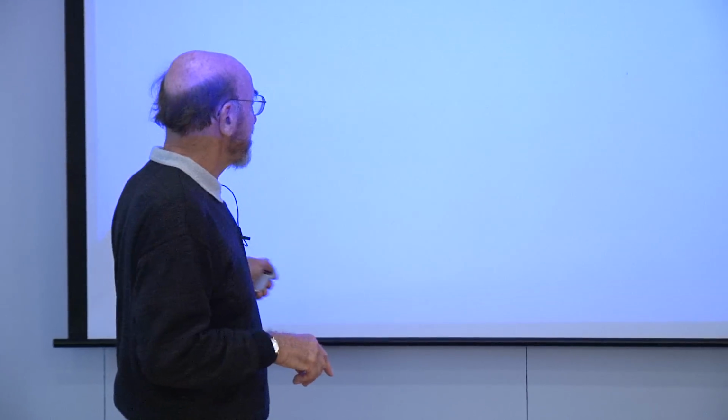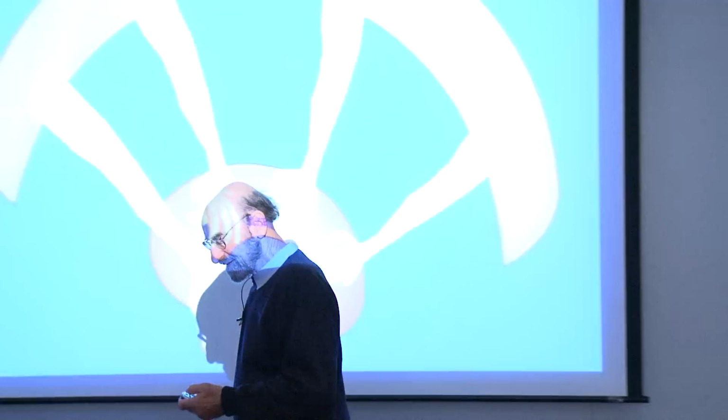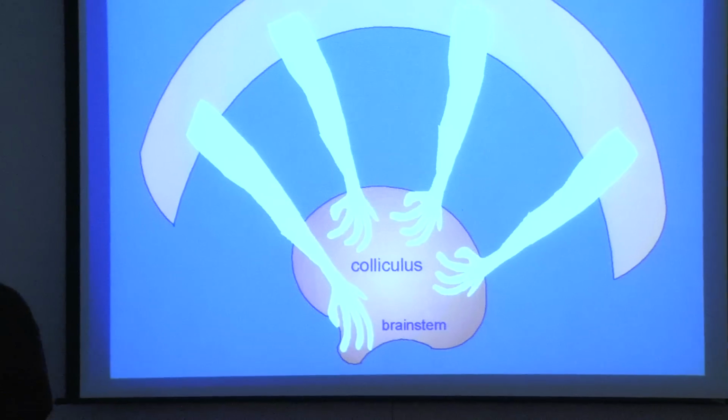So those are indeed cells that were driven exclusively by the parasol system. So the parasol system plays a very important role in driving the colliculus, but doing it only through the cortex, not directly.